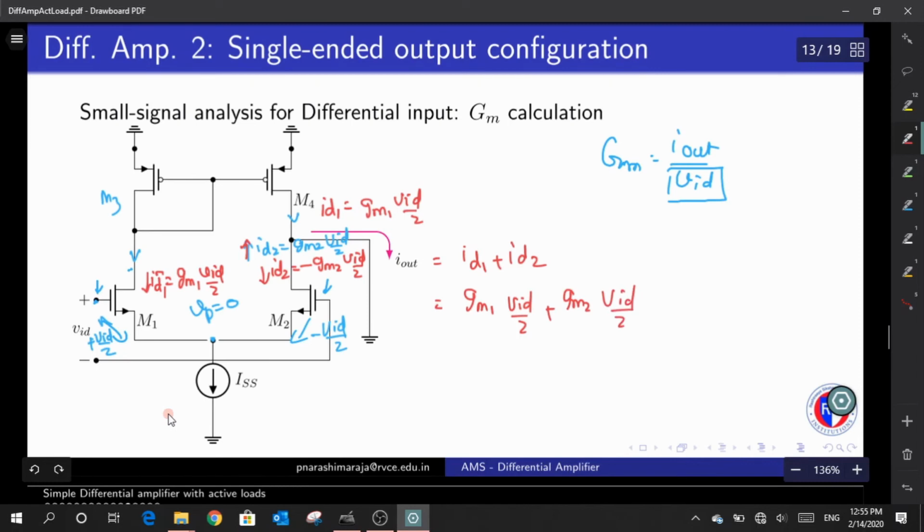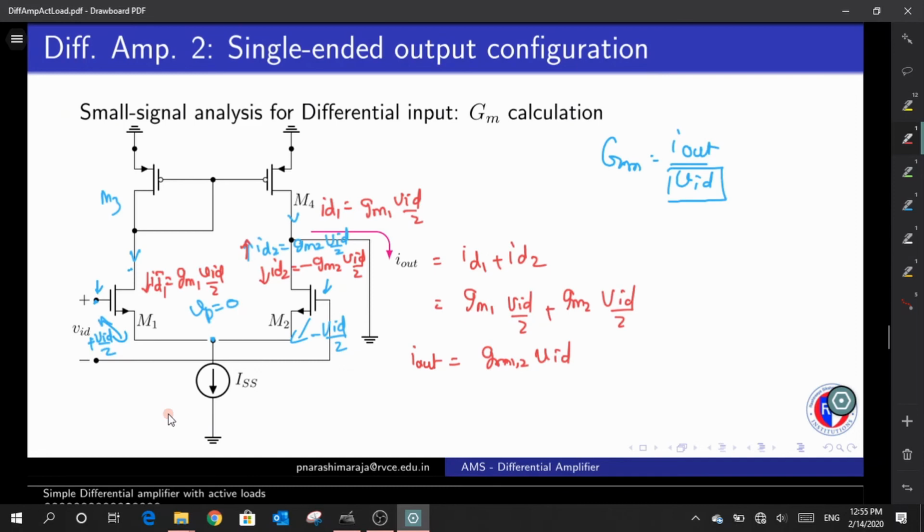Both these currents are the same, and if I assume GM1 is equal to GM2, then I can write it as GM1,2 into VID. I have just added both the halves, and assuming GM1 is exactly equal to GM2, I can have a single term, which is GM1,2.